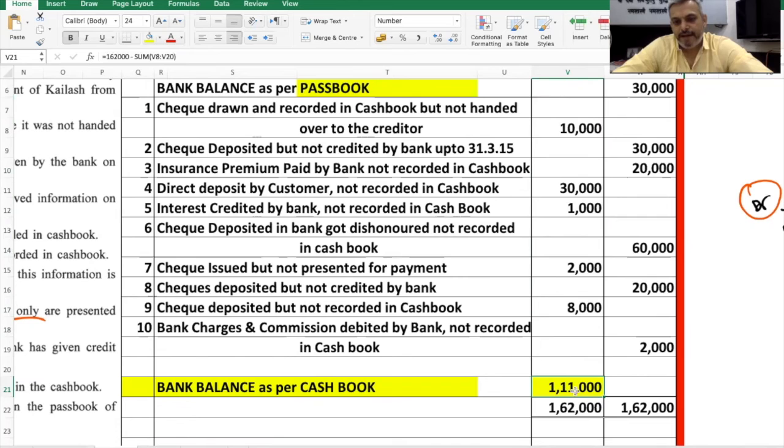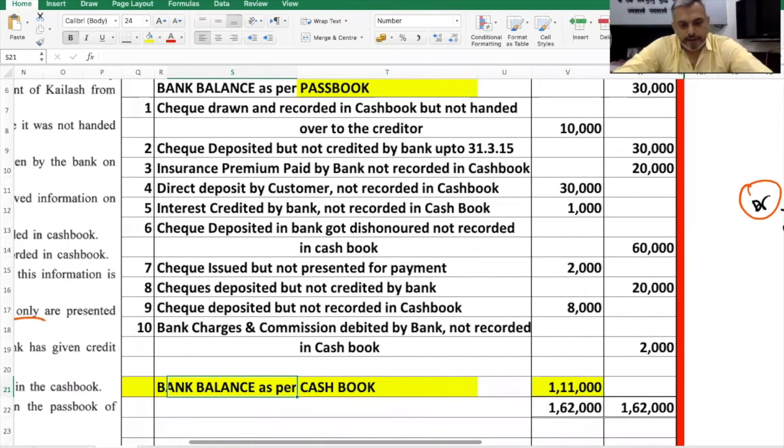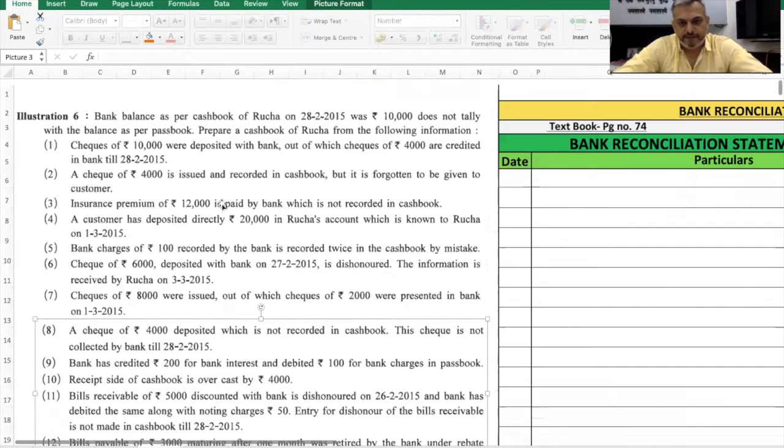So you will get the balance 1,11,000. Now, if you do the total of all, you will get 1,62,000. So this is your balance. And then you started with passbook, so this will be cash book. If it is debit, it is bank balance. If it is credit, it would have been bank overdraft. So that's how we do the balancing. Let's go to illustration number 6.